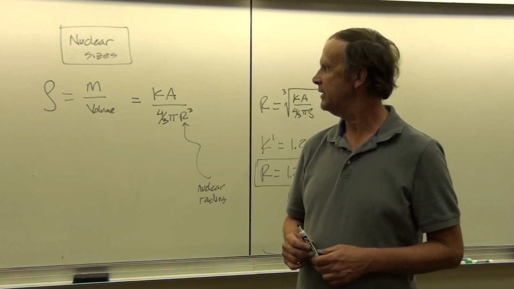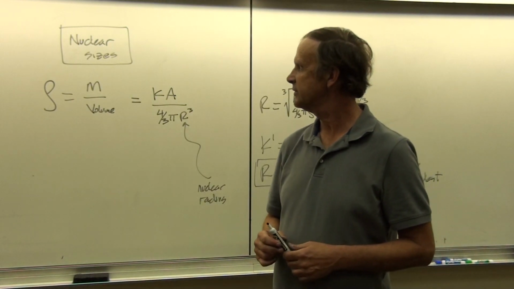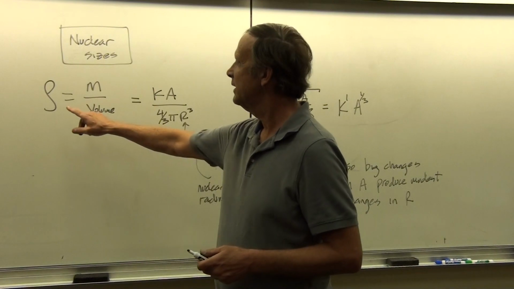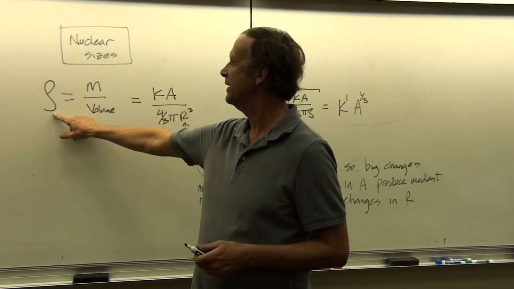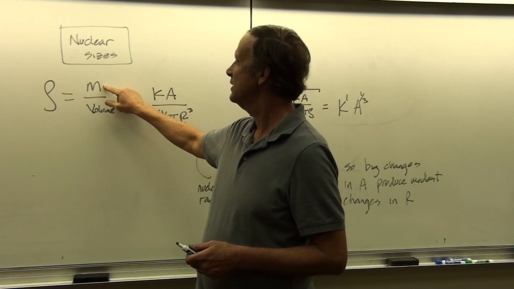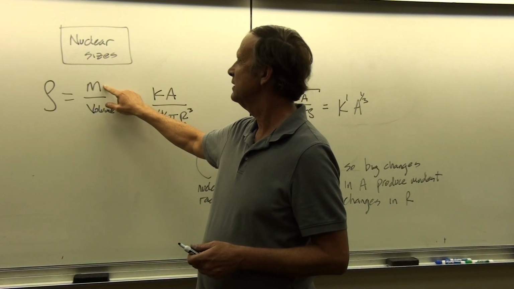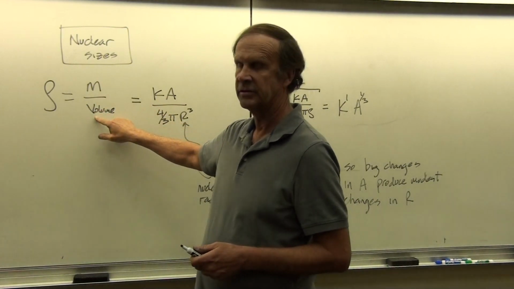And so the way that I wanted to start with this is to first of all define a nuclear density. And so this tends to be about the same for all atoms. And this is just the mass of the nucleus divided by the volume of the nucleus.